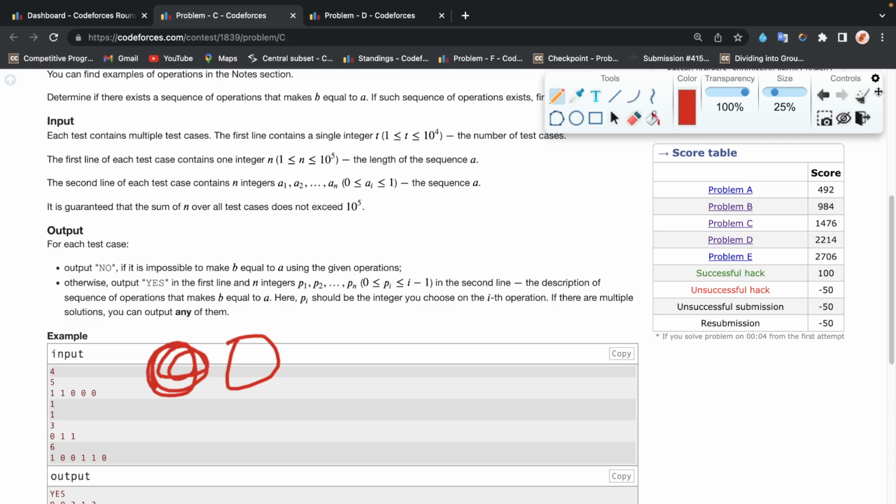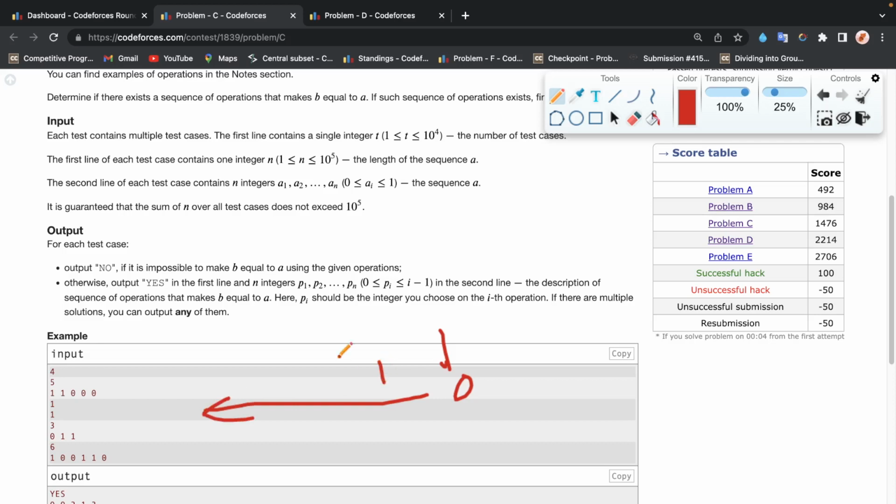So for 0, 0, I think all the sequences are possible. Okay, this is not possible: 0, 1, 1. Here I put 0 and all the others are inverted before me. So the last should be 0, because if the last was not 0, then all the others were not inverted before me. So the last should be 0. And I will choose the first 0 right now that I have. 1, 1, 0, something like that will happen.